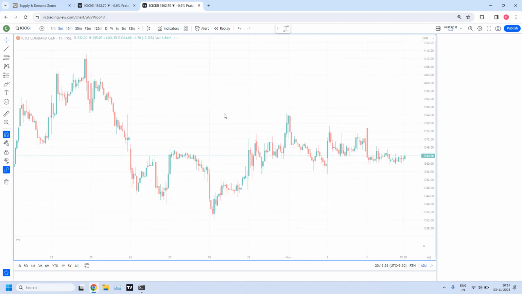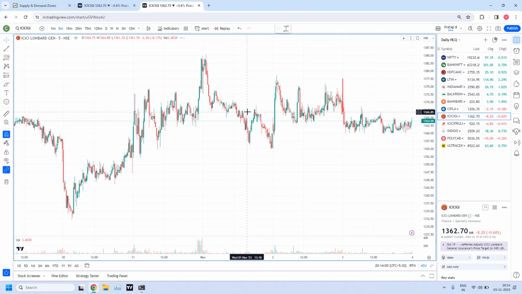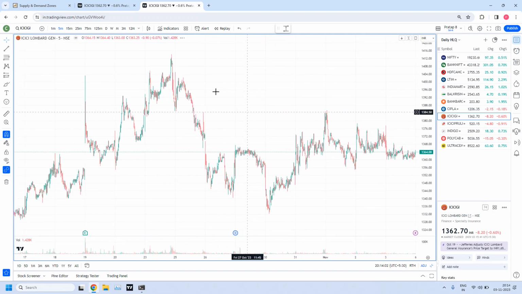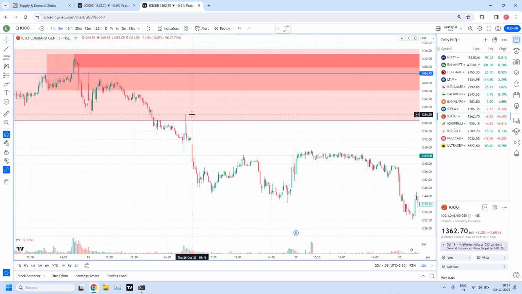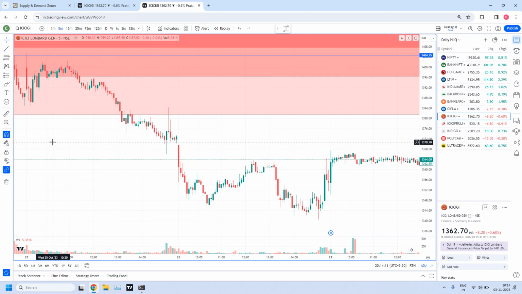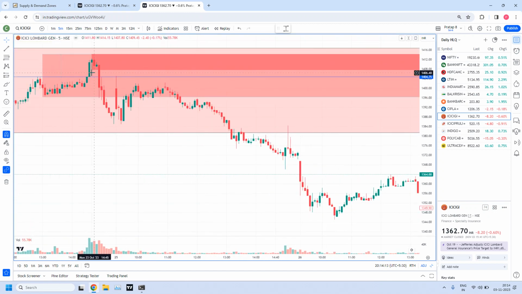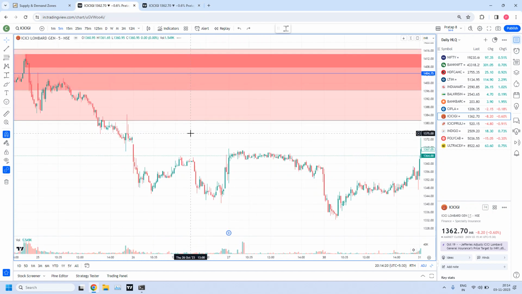Let me move on to the 5 minutes. Yeah, here we have HDFC AMC, we have a rally base drop.